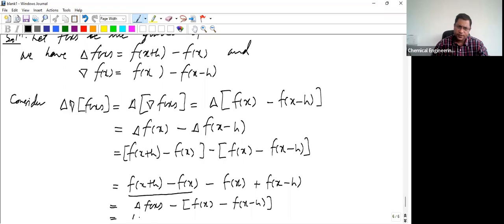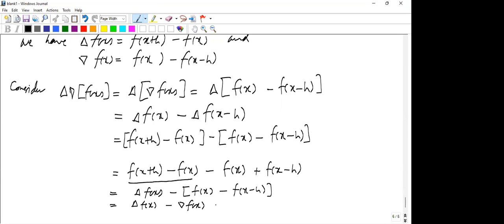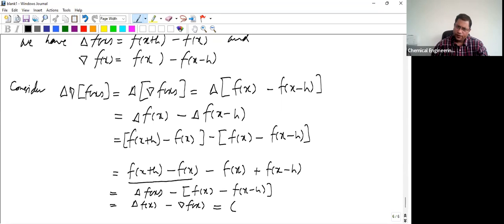So can I write this term as delta f of x minus del f of x? Can we write it like this? Yes, sir, we can. So here we can have delta f of x minus del operated on f of x.